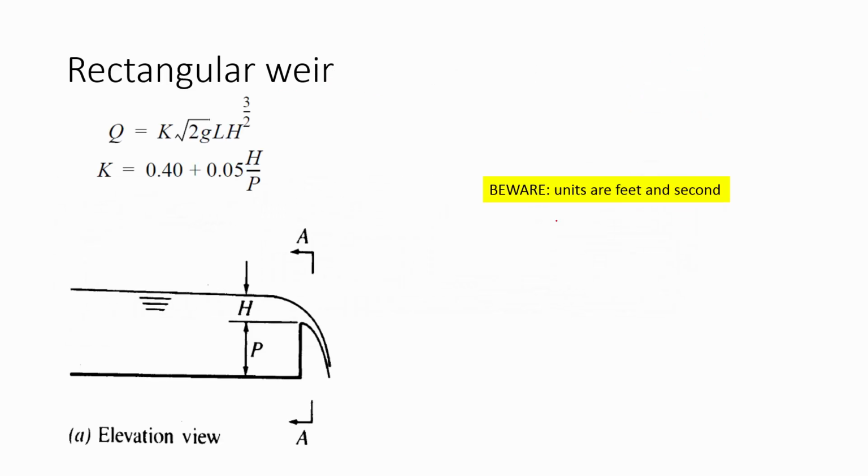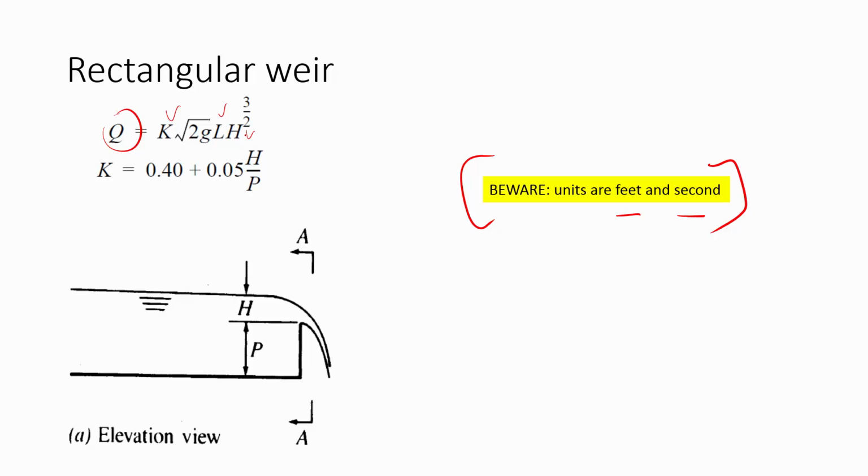So this is one of the equations for the flow in a rectangular weir. What I want to point out is that this expression only applies for units of feet and seconds. Do not apply these with meters and seconds. K is a constant typical for that weir.